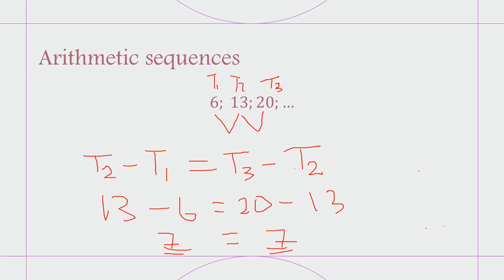This difference we're going to represent by D. The value of D will be equal to 7, because we have identified this sequence as an arithmetic sequence with a constant difference of 7.